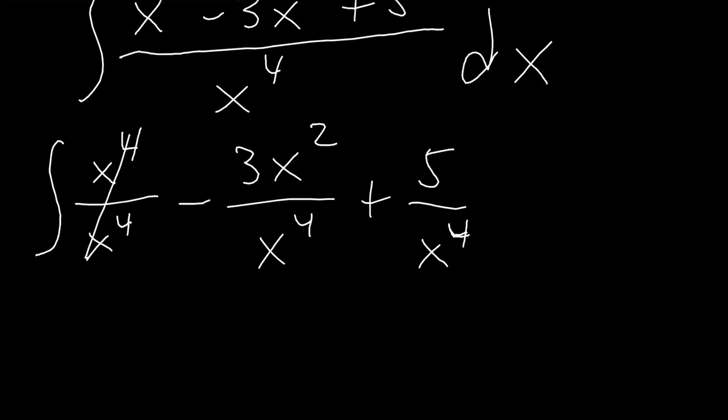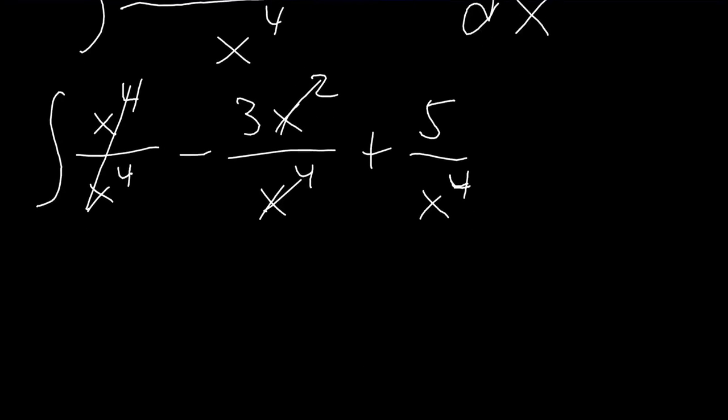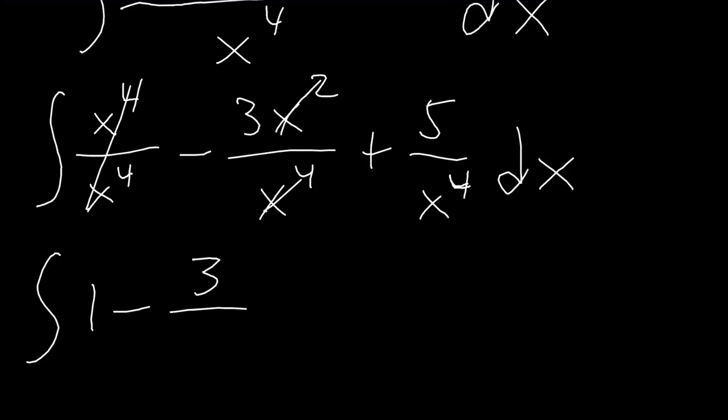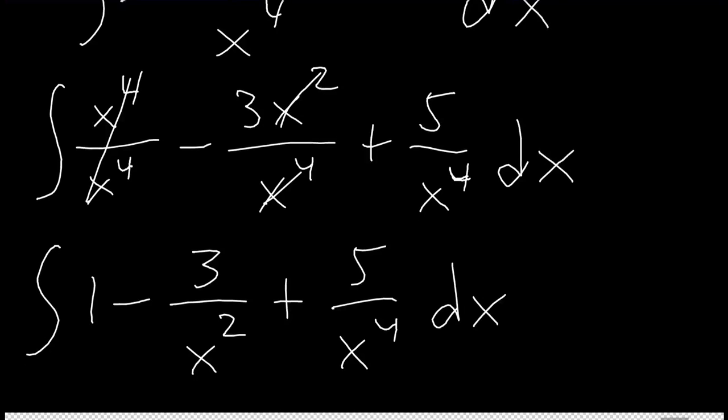So these cancel, and then these cancel. So we can simplify this to write it as 1 minus 3 over x squared plus 5 over x to the 4th dx.